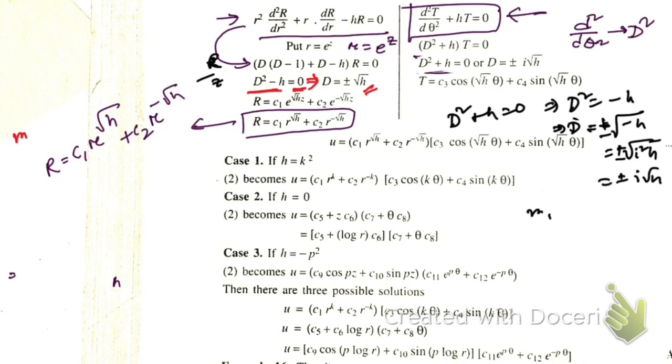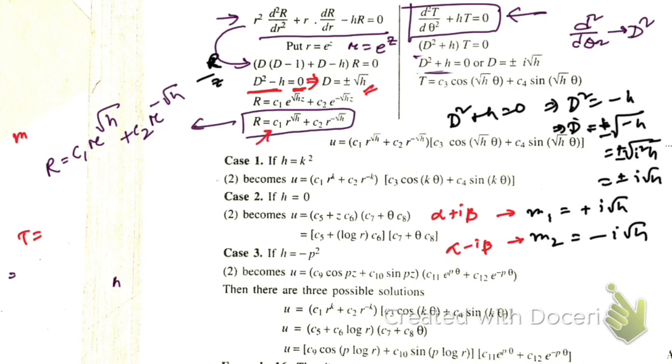So one root, m1, is positive i root h. Here we are getting imaginary roots, the other being minus i root h. If these are the roots, compare this root with alpha plus i beta, and this one with alpha minus i beta, right? Then the solution should be something like this.